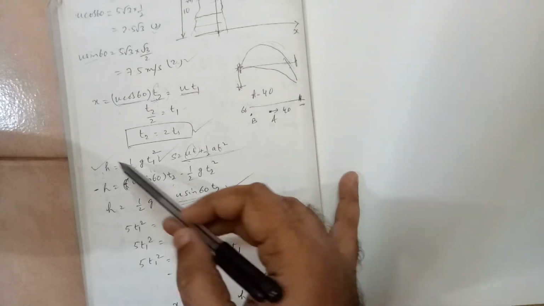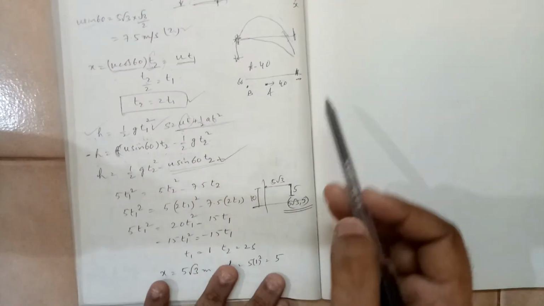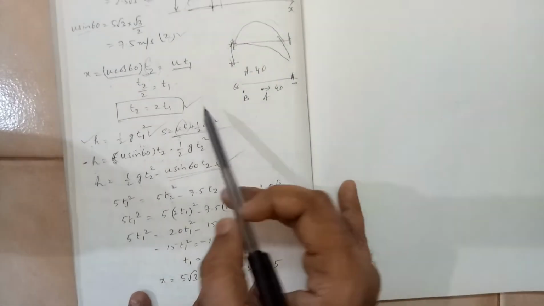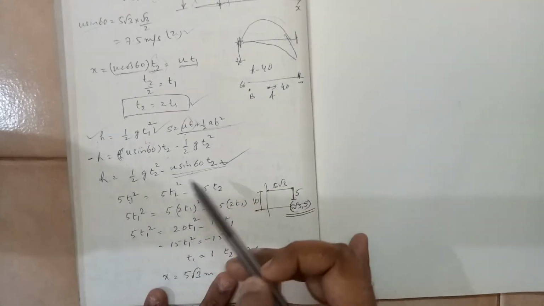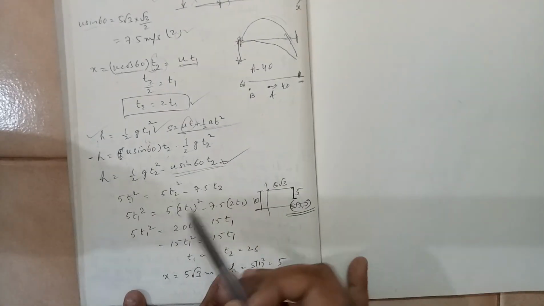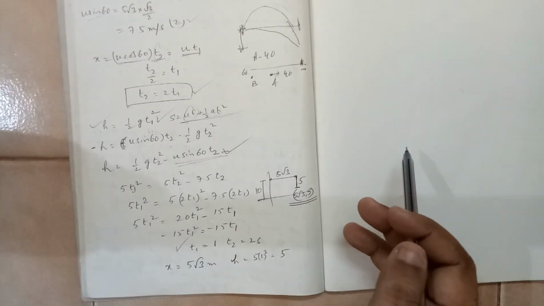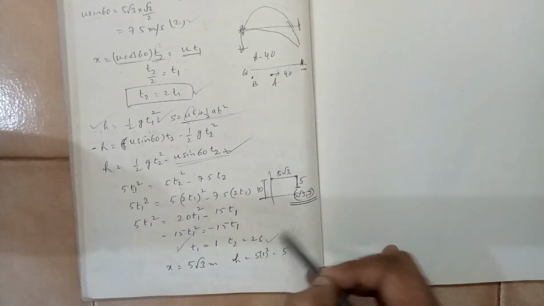From here both are equal to h, so you can equate these two, and you will get a quadratic in terms of t1 and t2. So t1 and t2 you have a relationship, you just put that, and once you solve it, you get an expression for t1. T1 you are going to get 1 second. What is t2? T2 is 2 times of that, 2 seconds.